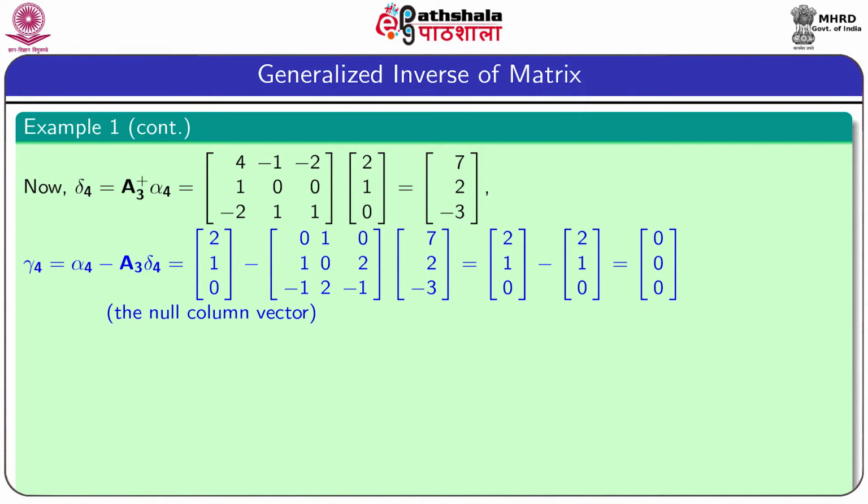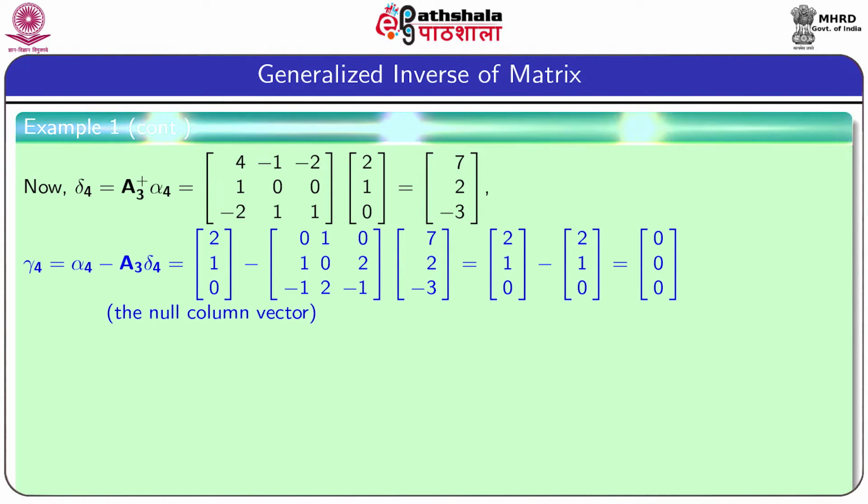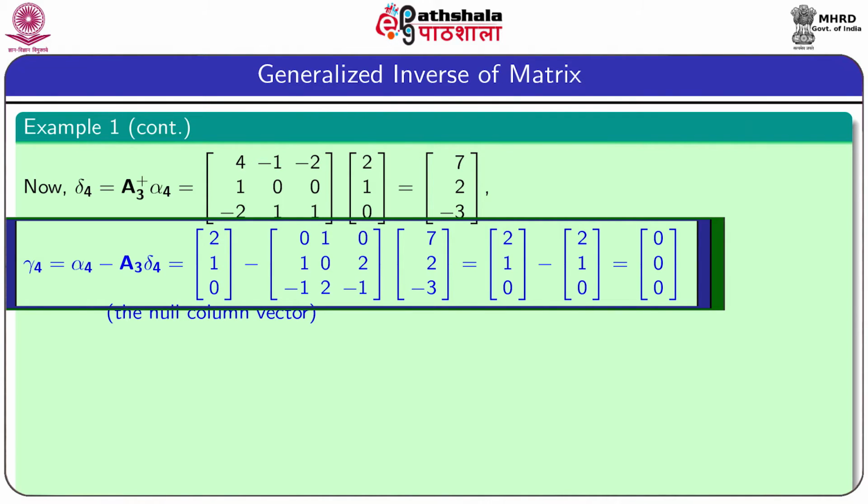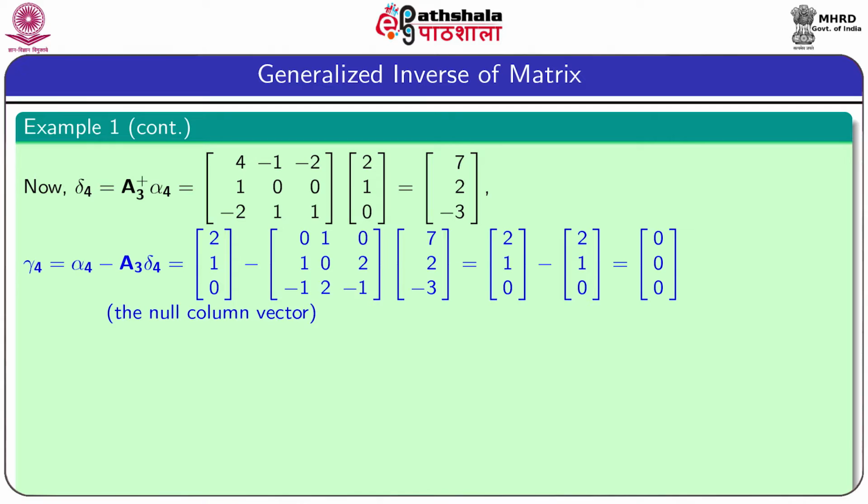Now we go to the last stage, the fourth stage. Here we calculate the vector delta 4, which is equal to A3 plus into alpha 4. After simplification, this vector becomes 7, 2, minus 3, and the vector gamma 4 equal to alpha 4 minus A3 into delta 4. After simplification, it reduces to a null column vector 0, 0, 0.